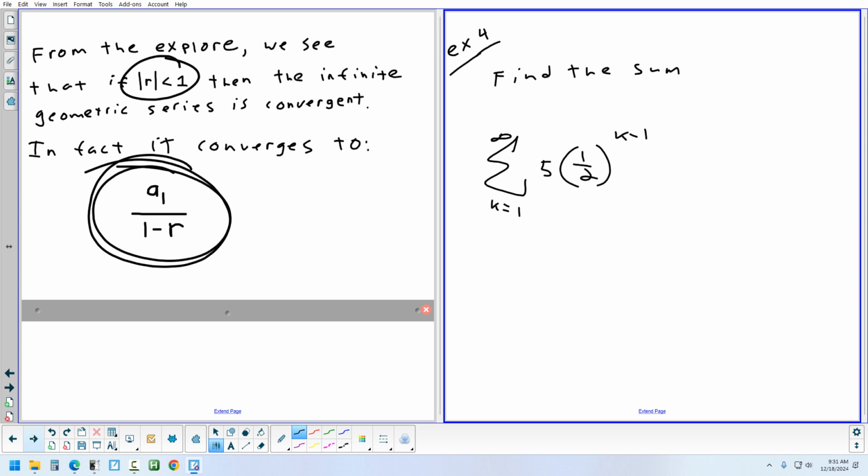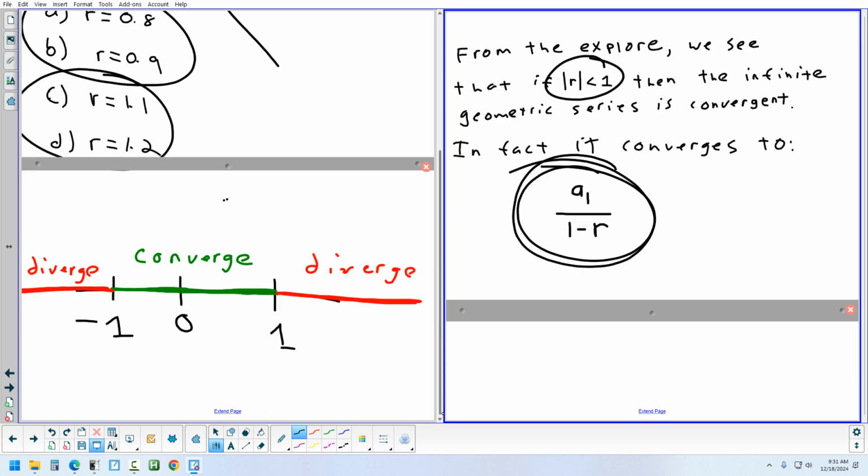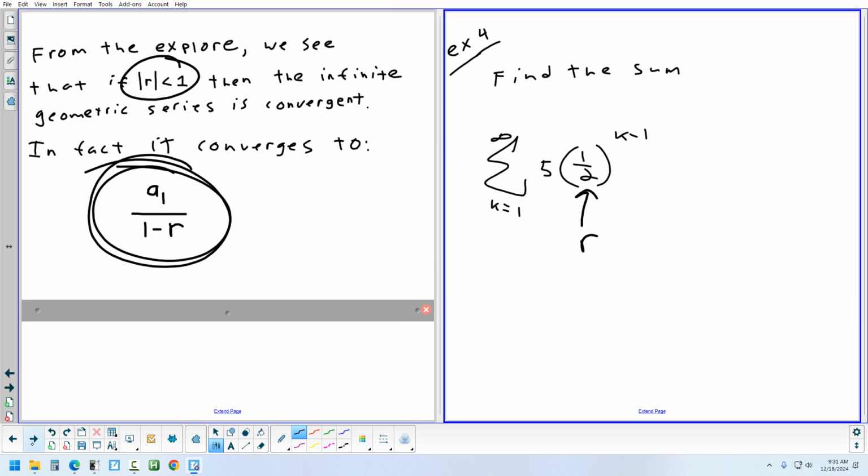Yeah, this is going to converge. How do you know it converges? R is less than 1. That's the R value, right there. The R value is in the green zone. It's 1/2, right about there. So that's good, it's going to converge. So R is 1/2.